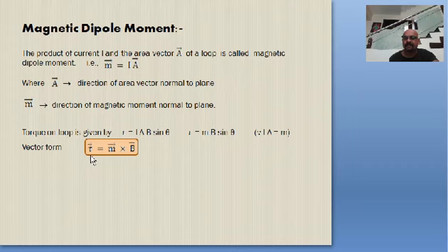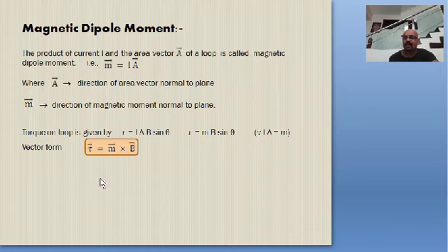Here tau is a vector quantity, m is a vector quantity, magnetic field is also a vector quantity. Magnetic moment is a vector quantity whose direction is along the area vector, and the unit of magnetic moment is ampere meter square, current into area.